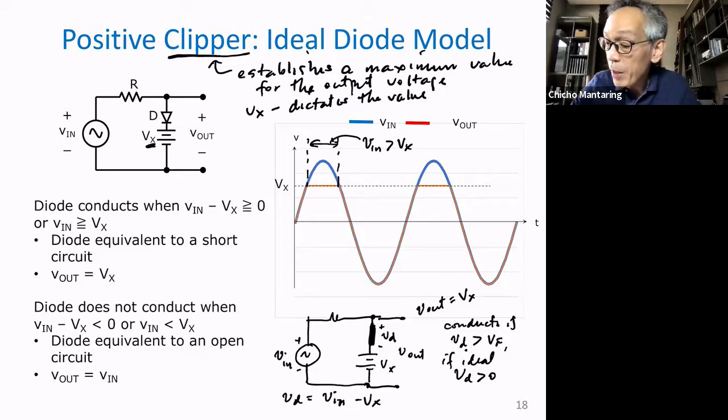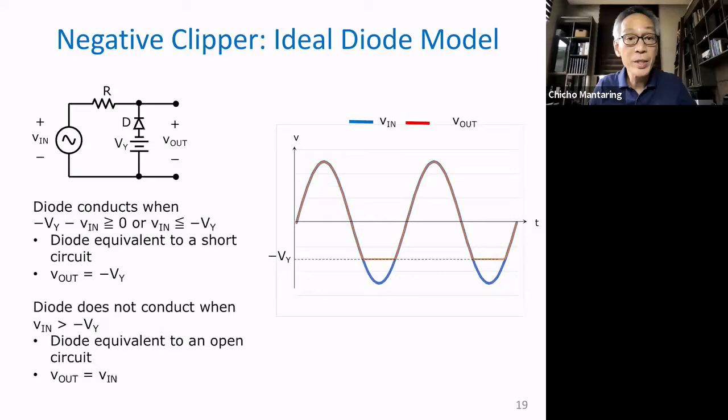Okay, what will happen kung baliktarin ko yung diode at saka baliktarin ko yung V of X? So it now becomes a negative clipper. In this case, it establishes the minimum value that your output can have. It will not allow your output to have a value smaller than that minimum value.